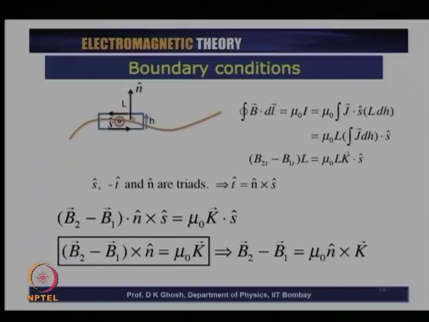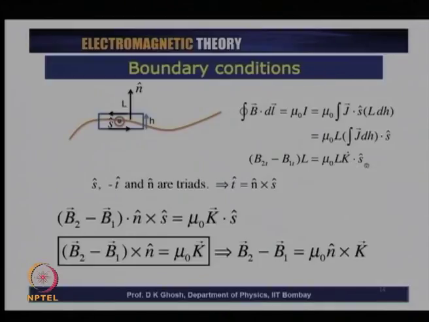This is not to be confused with the direction of the normal to this surface. In any case, look at this, that then I get B 2 t minus B 1 t into L is equal to mu 0 L k dot S.